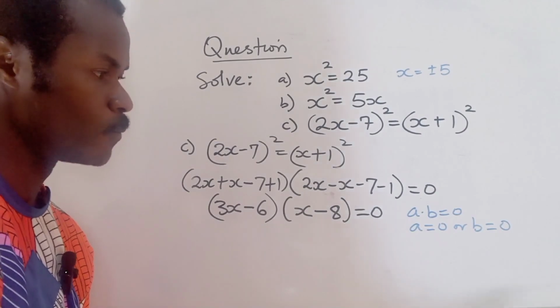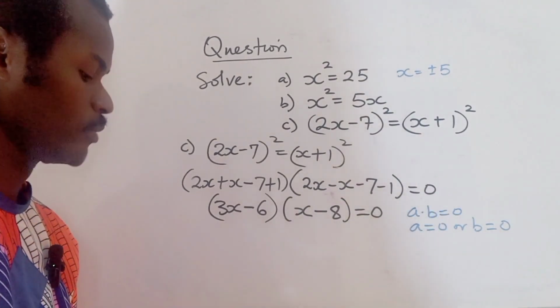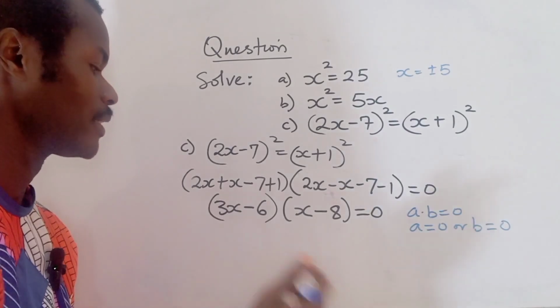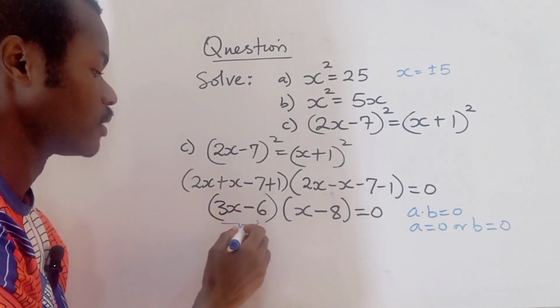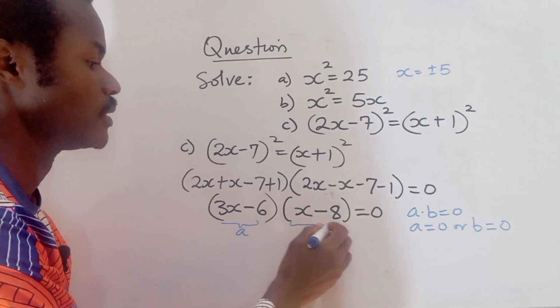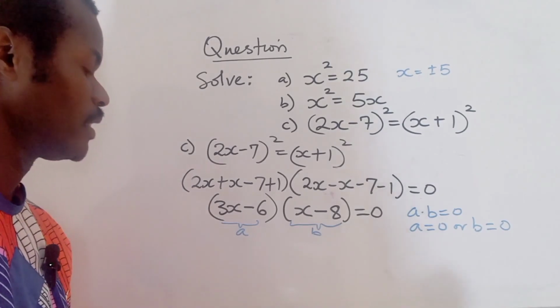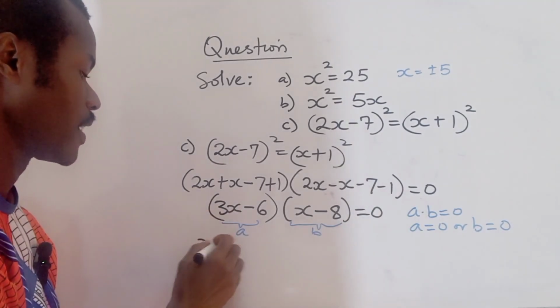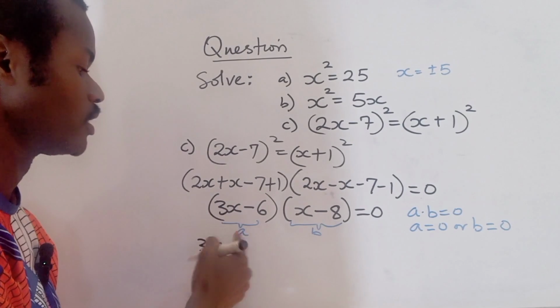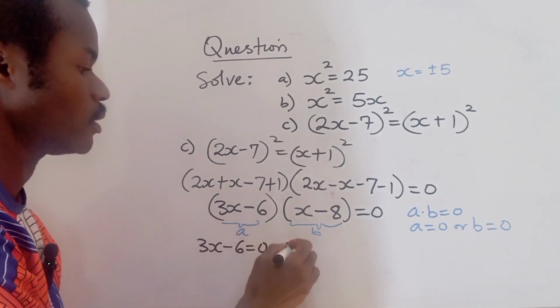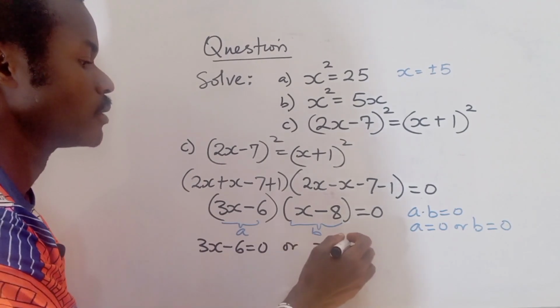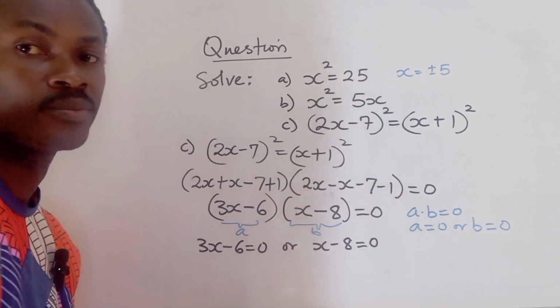So we are going to apply this here. We can take all this as a and all this as b. So I can say 3x minus 6, which is a, is equal to 0, or x minus 8 is equal to 0.